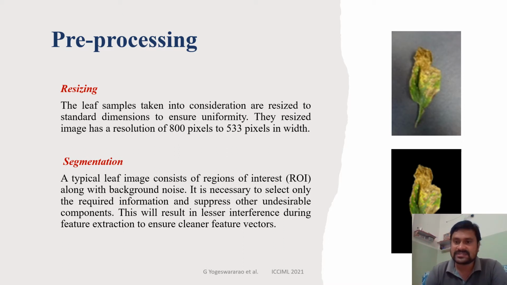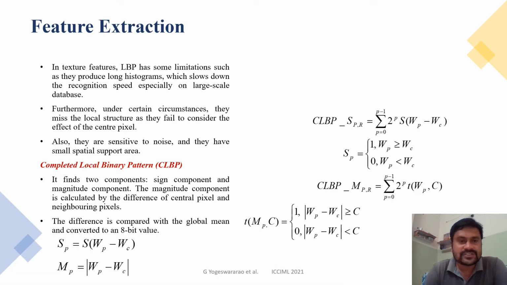This is the pre-processing step. Coming to feature extraction, generally we use LBP, local binary patterns, but there are some limitations in LBP in finding structural features. The main issue is the long histogram, which slows down the recognition rates if it is considered for large-scale databases.